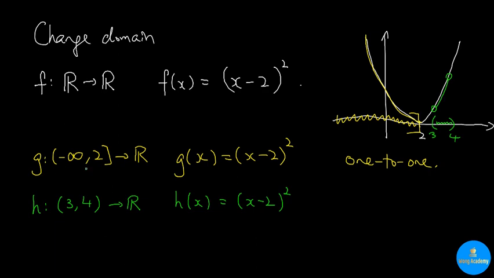However, the previous way of modification is more important because this function keeps the exact same range as before. The range of f is from 0 to infinity, while the range of g is also from 0 to infinity.